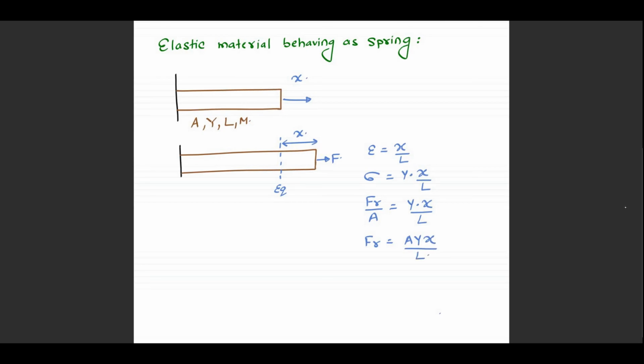Remember, we have only talked about magnitude till now, correct? If I want to put it as a vector, we know the restoring force will be developed in this manner, right? So it will be this. Can you see this is just like spring force?